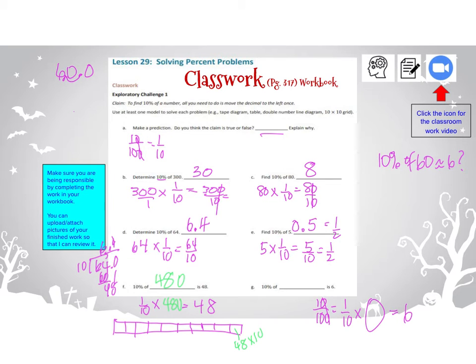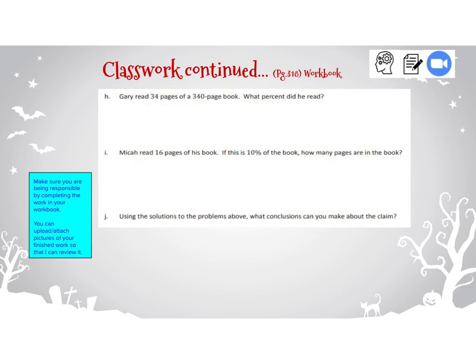Well, what over 10 is going to give me 6? I think I have to work in the reverse order, meaning I have to add a 0 rather than the decimal moving to the left. So in this case, we have 6 times 10, which is equal to 60. Okay, let's see. Every lesson is a little more challenging. Let's page and see what we have.